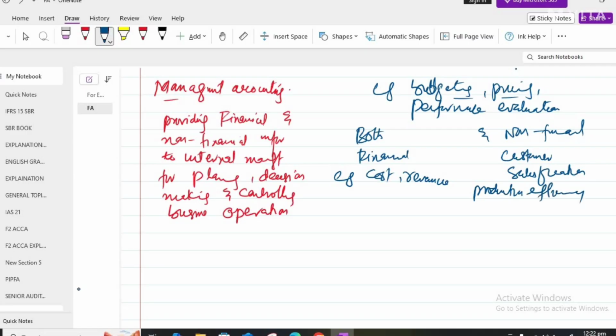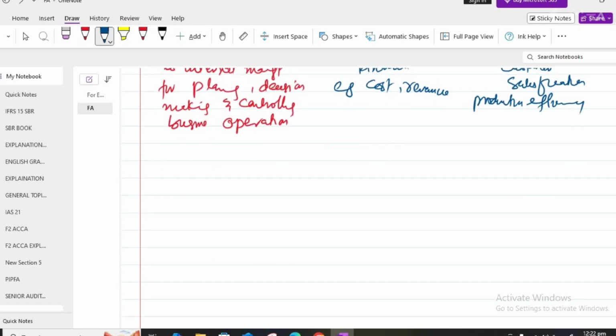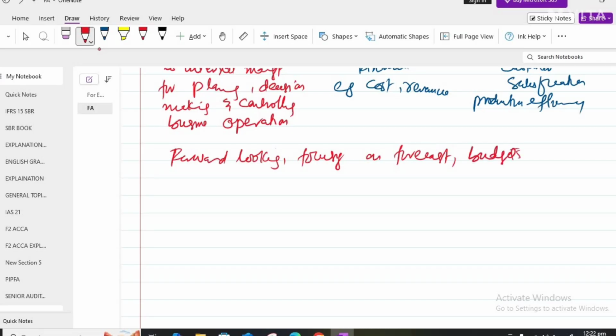Now, it's a forward-looking approach. Management accounting is, wait a minute, let me scroll it down, forward-looking. Definitely, they will be focusing on forecasts, budgets, and you may say strategies. Clear?